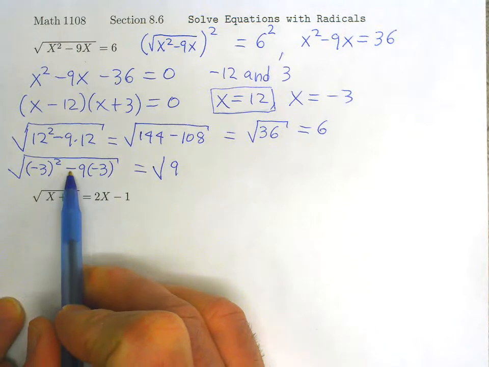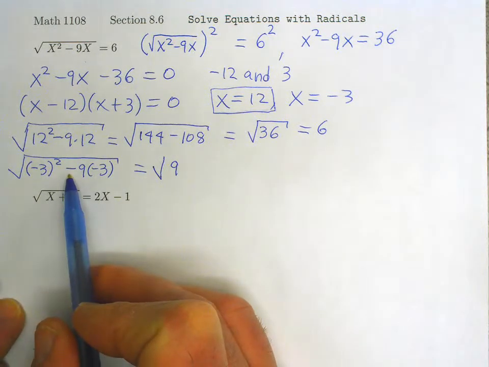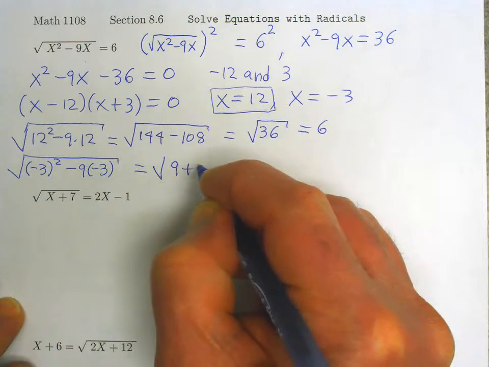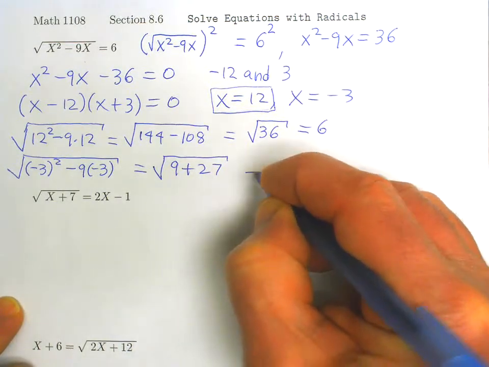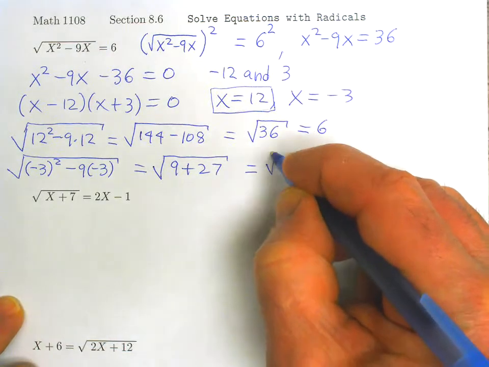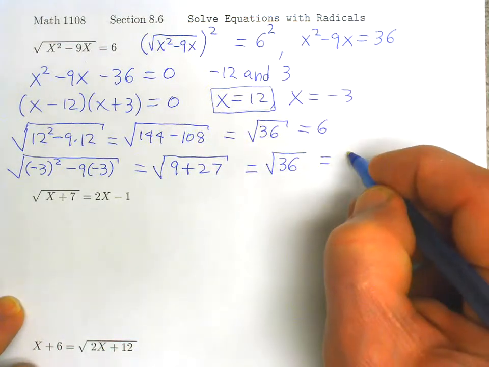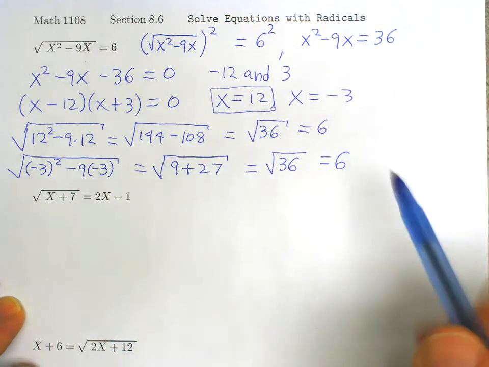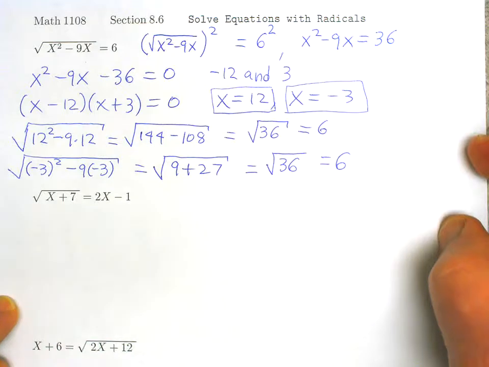And we're subtracting 9 times negative 3, which is the same as adding 27. So we have the principal square root of 9 plus 27, which is the principal square root of 36. And the principal square root of 36 is 6. So x equals negative 3 is also a solution.